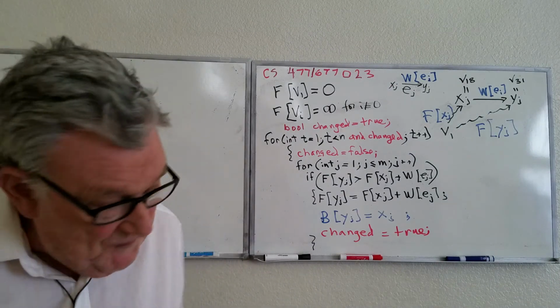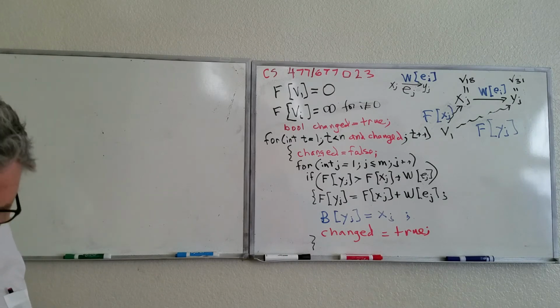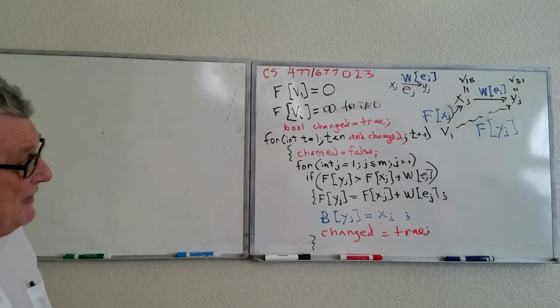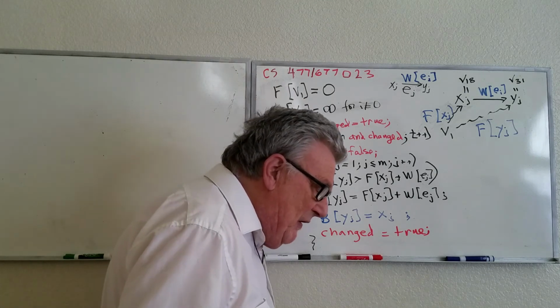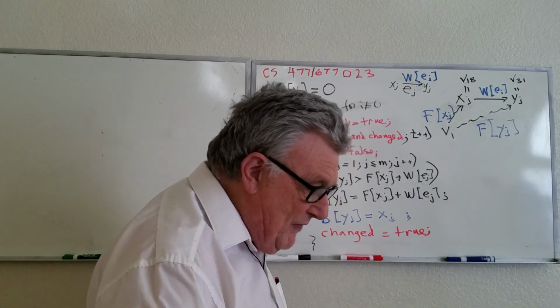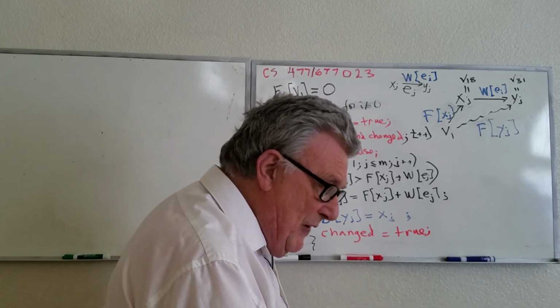However, for every edge, there are extra names for the vertices, the Xj and Yj. So one vertex could be X7, it could also be X23, and it could also be Y15, all at the same time that it was V20.